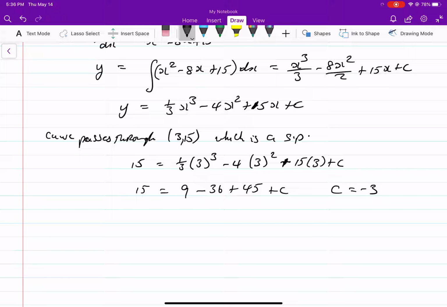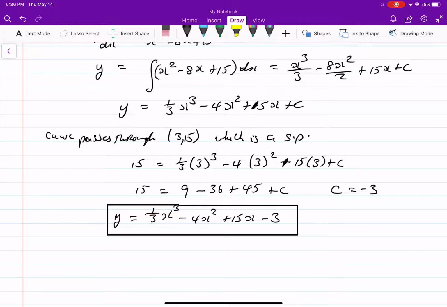Let me double check mentally. 45 plus 9 is 54. 54 minus 36 is 18. 15 minus 18 is minus 3. And therefore, the equation of the curve is y equals 1/3 x cubed minus 4x squared plus 15x minus 3. Voila.